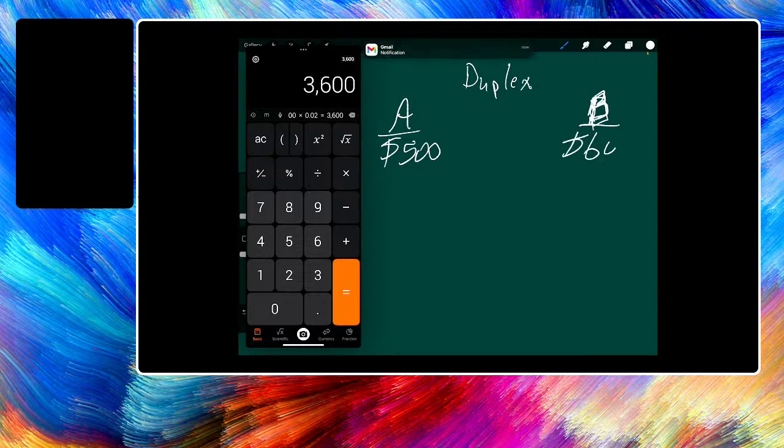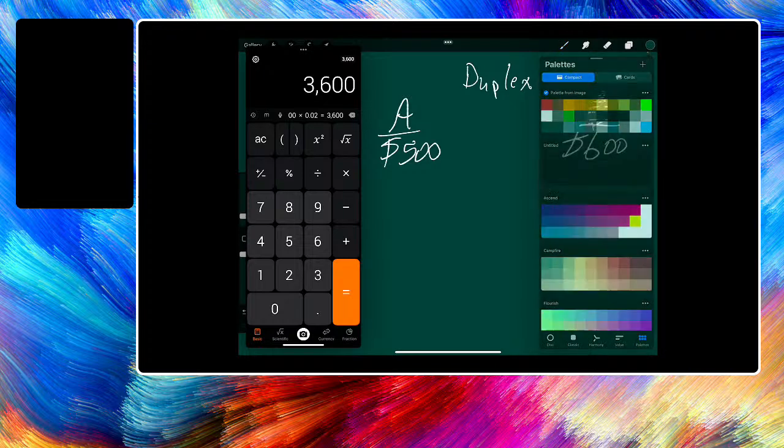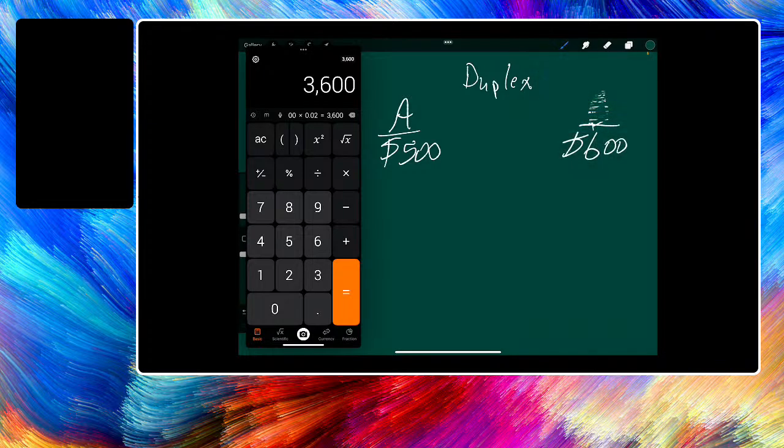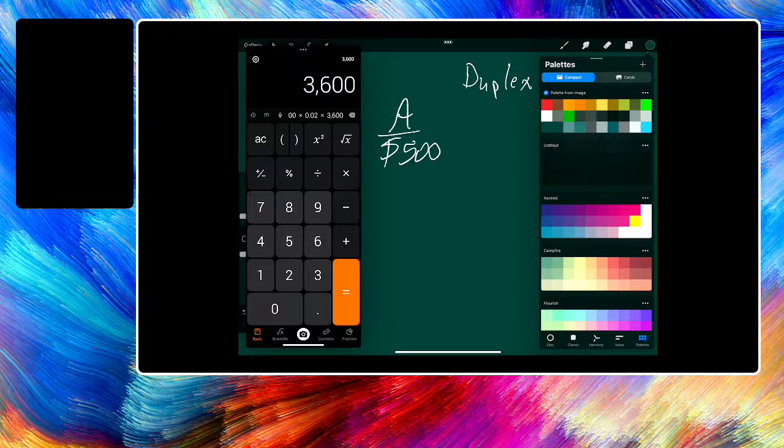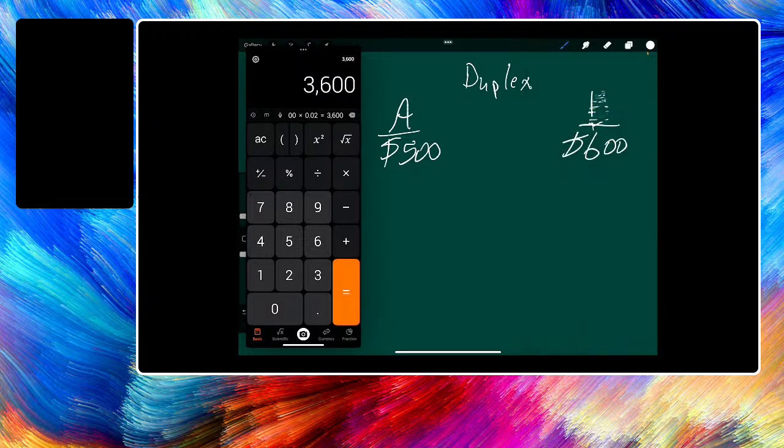We can get $600 for side B. Sorry for that ugly B. So how much will you make in a month if this thing is fully rented? Fully occupied, both sides occupied. Your monthly is $1,100. That's easy.